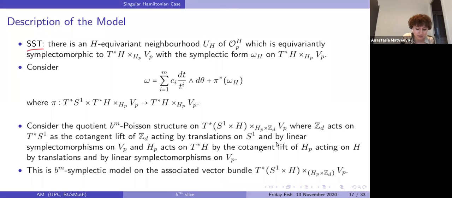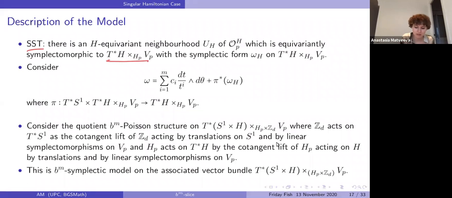So the symplectic slice theorem tells us that if you look separately at the H action, then there is an H-equivariant neighborhood of the orbit of the point under the H action that is symplectomorphic to this bundle with the symplectic form omega H that we saw before.